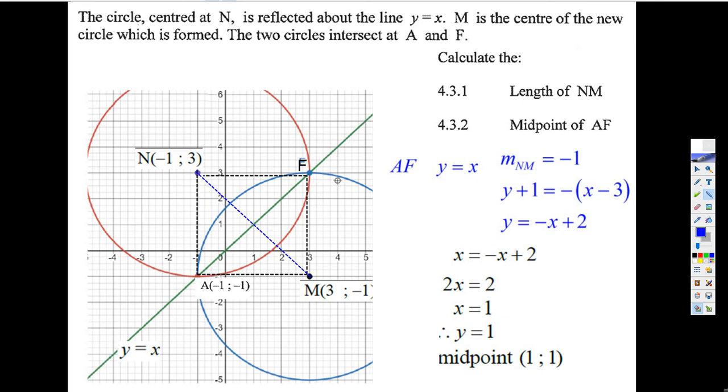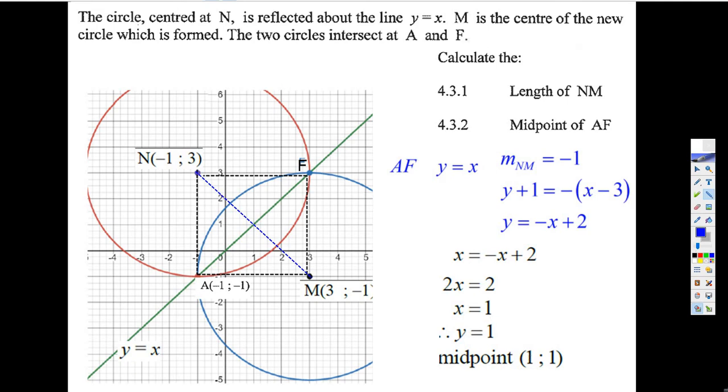That's the line that it's reflecting by. And NM is y equals minus x plus 2. Let them equal each other. Whenever you want to find out where two functions cross, you let them equal each other. So you add x, you get 2x. 2x equals 2. Divide both sides by 2, you get x equals 1. That means y must equal 1.